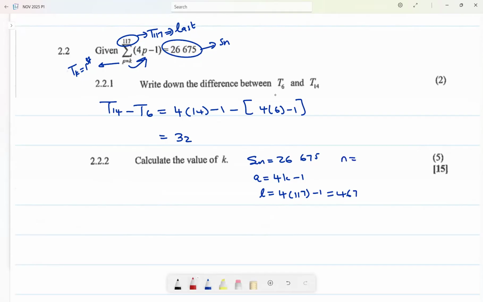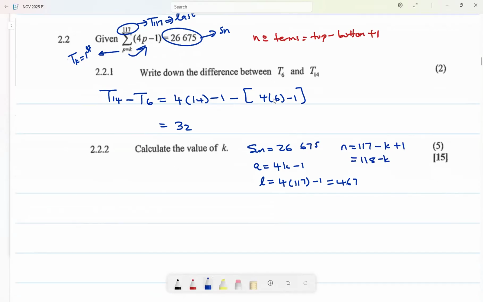How do you calculate the number of terms? Remember, for number of terms, it is top minus bottom plus 1. So what is my top? My top is 117 minus bottom plus 1. So N is something like 118 minus K. Then we should be fine.